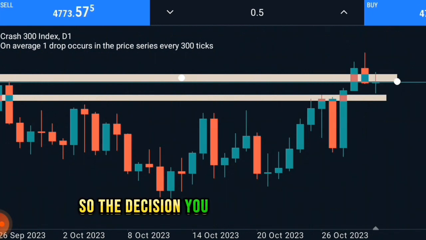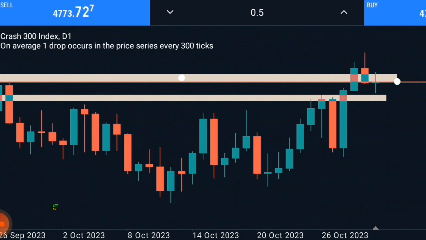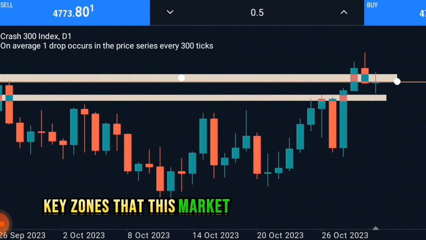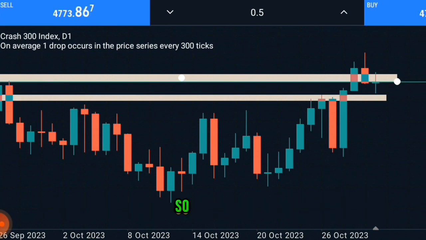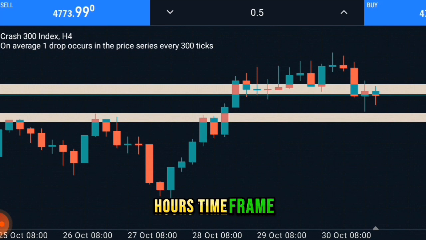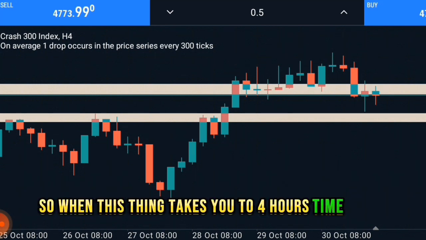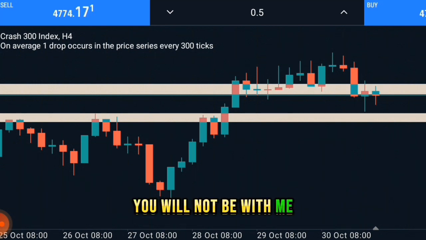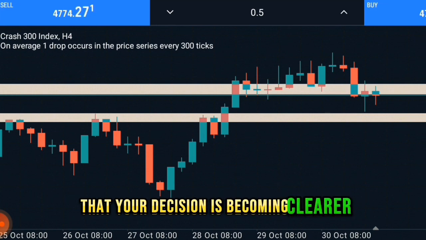The decision you need to make now is, where are the strong key zones that this market may likely respond to. For that, it will take you from this place to the 4 hours time frame. When this takes you to the 4 hours time frame, you will bear with me that your decision is becoming clearer.